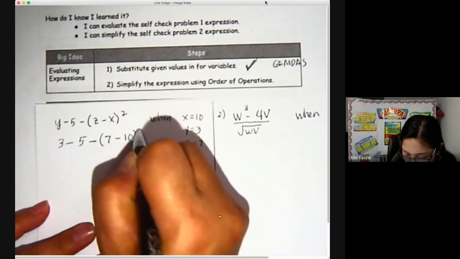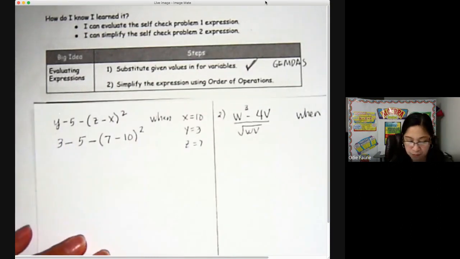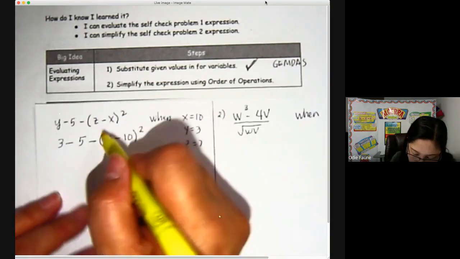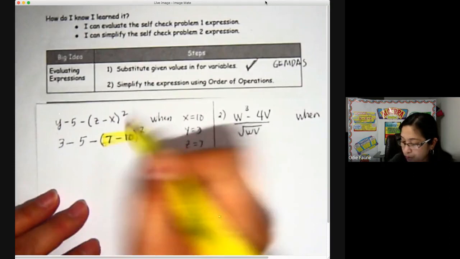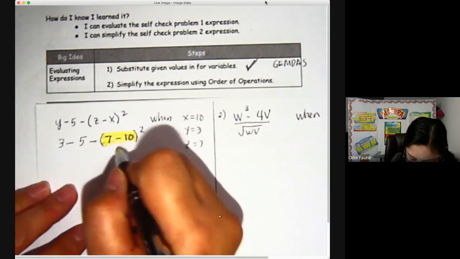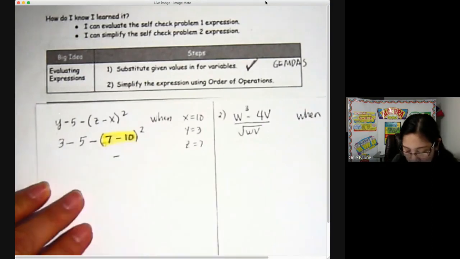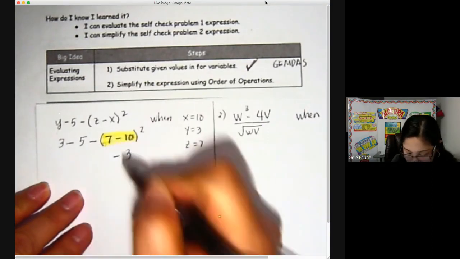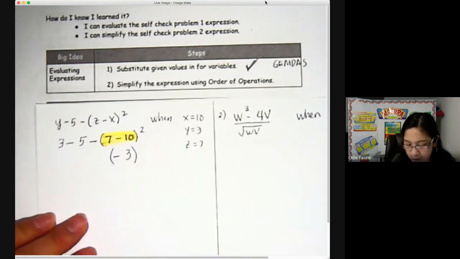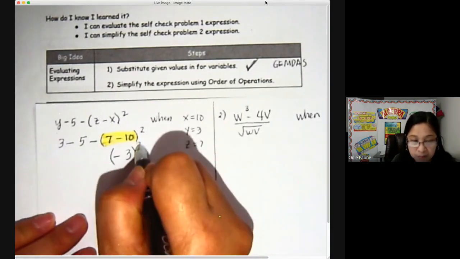Then raise it to the second power. First, check the groups. I see 1 here. I will do that first. So 7 minus 10 is negative 3. If the answer is negative, you have to enclose it because there is an exponent there.